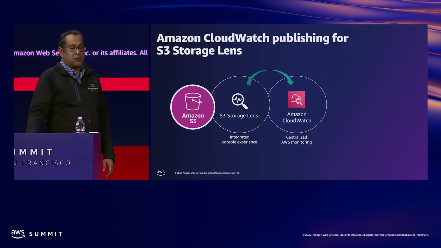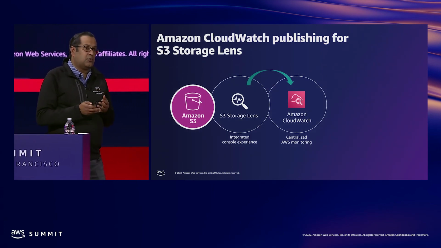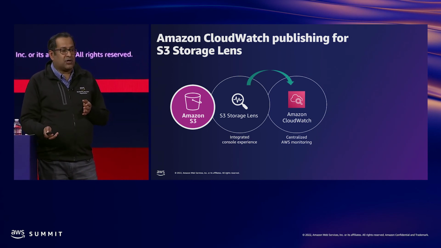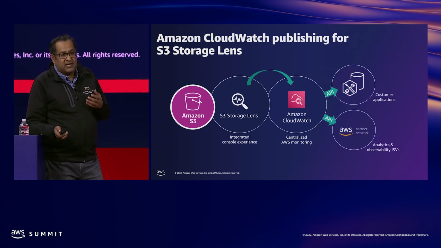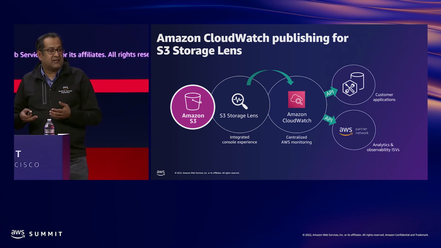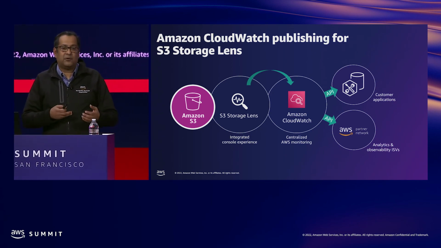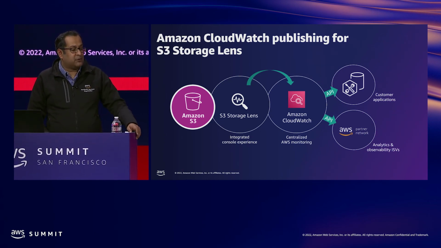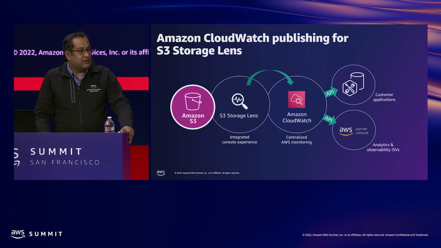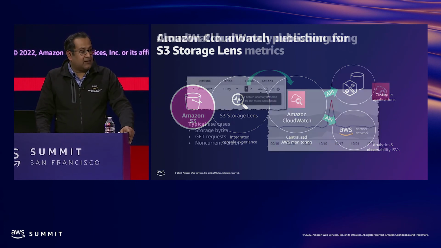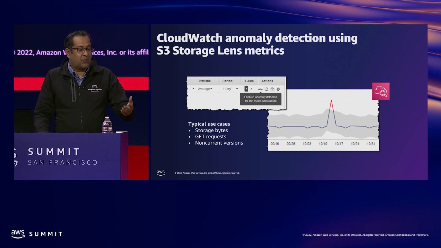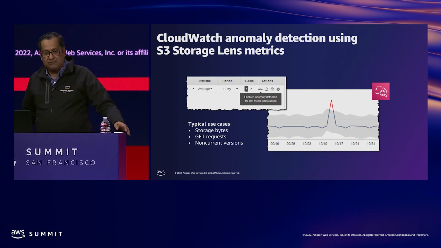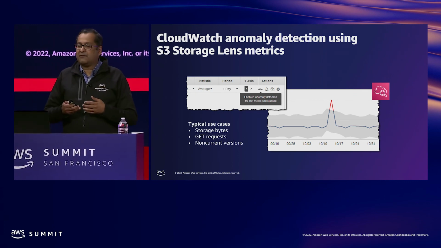The other thing we have done with Storage Lens is allow you to publish the Storage Lens metrics into CloudWatch. And the reason we did that is because many customers told us that they have their own tools that they like to use to analyze data, to view the data for S3. By publishing it into CloudWatch, you can now use any of the tools that you have today to actually analyze the data. The other thing CloudWatch provides for you is the ability to do some anomaly detection. Think of anomaly detection as another way of setting alarms.